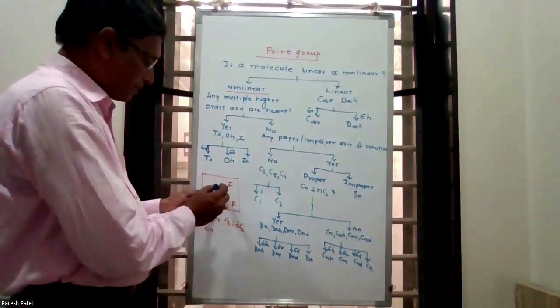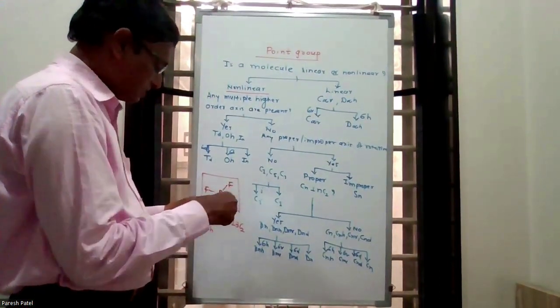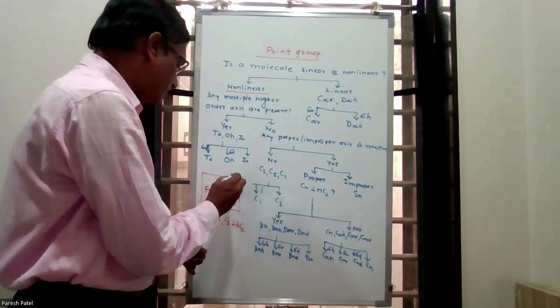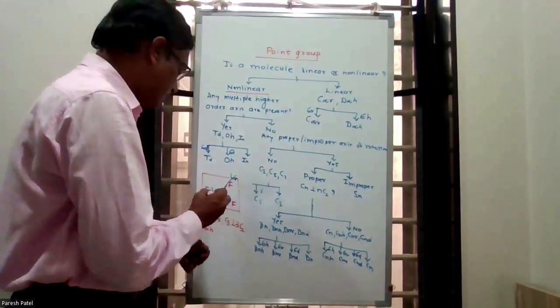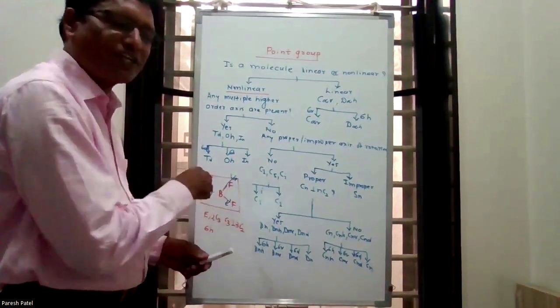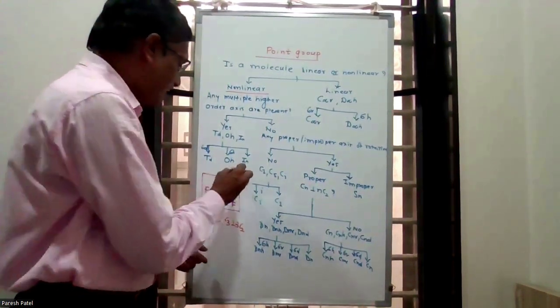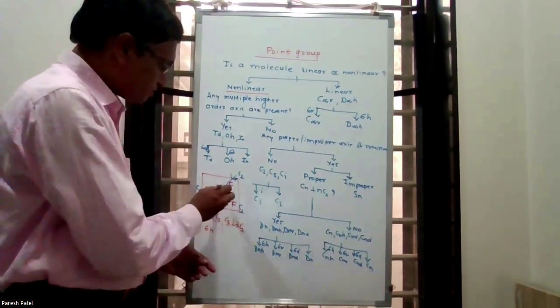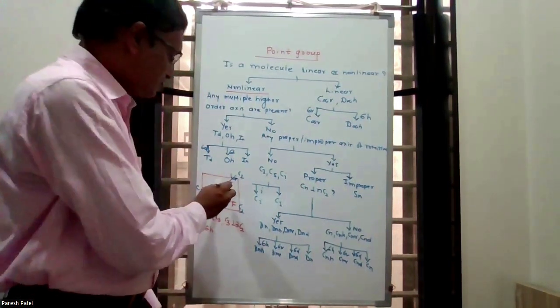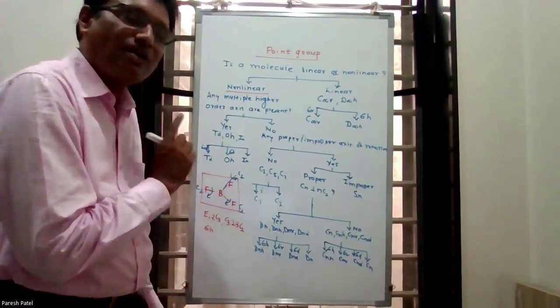Okay, this is the main principal axis, and these three are the subsidiary axes, and all the three are C2s. And this plane is perpendicular to the main principal axis. So this plane is sigma h.